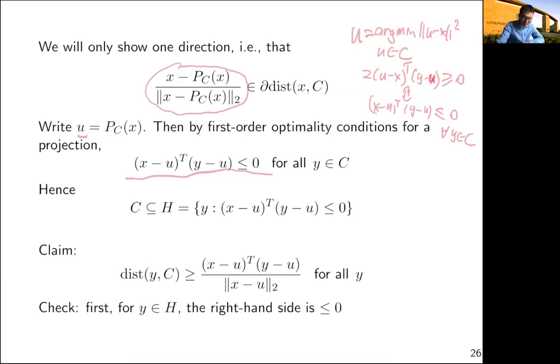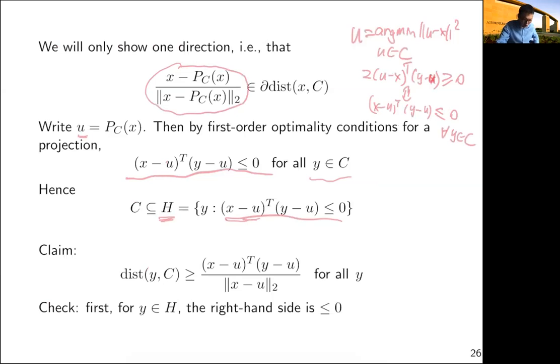Okay, so now let's relax this a little bit. Let's talk about the half space given by this notation H. Let's consider the set of all y such that this inequality holds, without restricting y to be inside the convex set C. Notice that this is a half space, because y is the only variable here, this gives the normal of the half space, and this inequality chooses just one side of that affine half space.